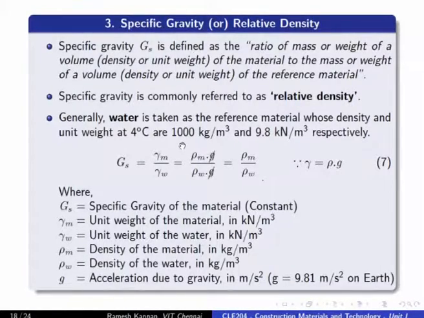Water has a density of 1000 kilogram per meter cube at 4 degrees Celsius. To define it precisely, it is the ratio of the mass or weight of a volume, that is, the density or unit weight of the material, to the mass or weight of the same volume of the reference material, and that is called specific gravity.